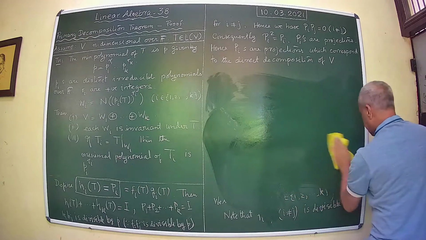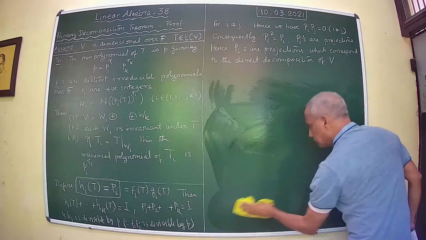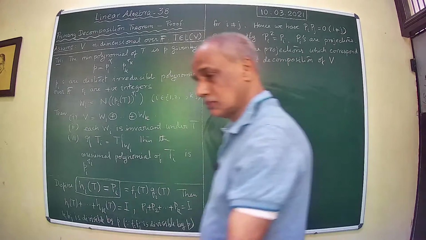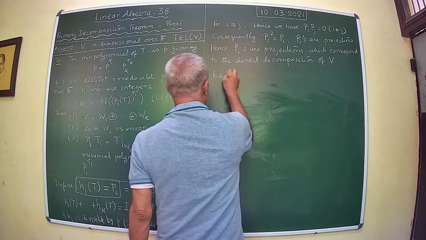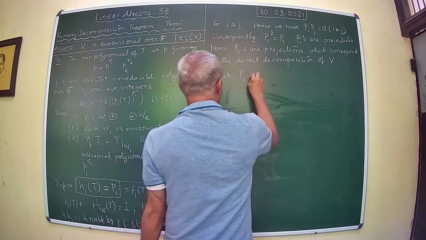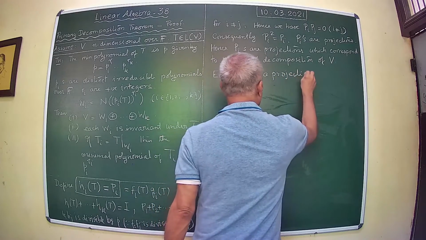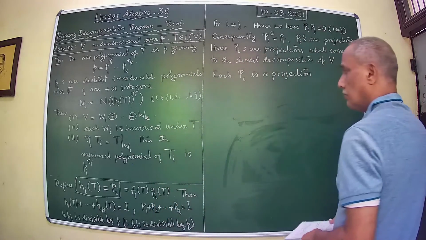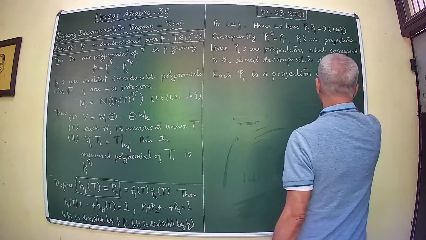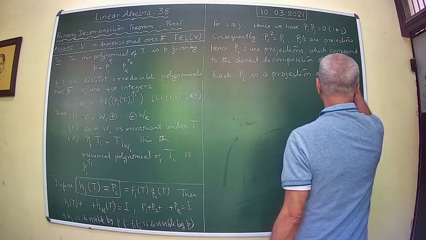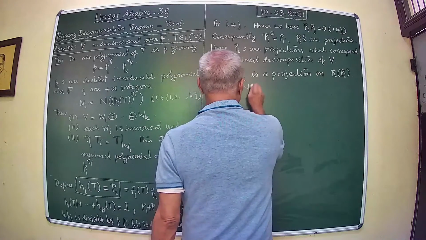So we know that this is essentially the scenario where each Wi is the null space of.